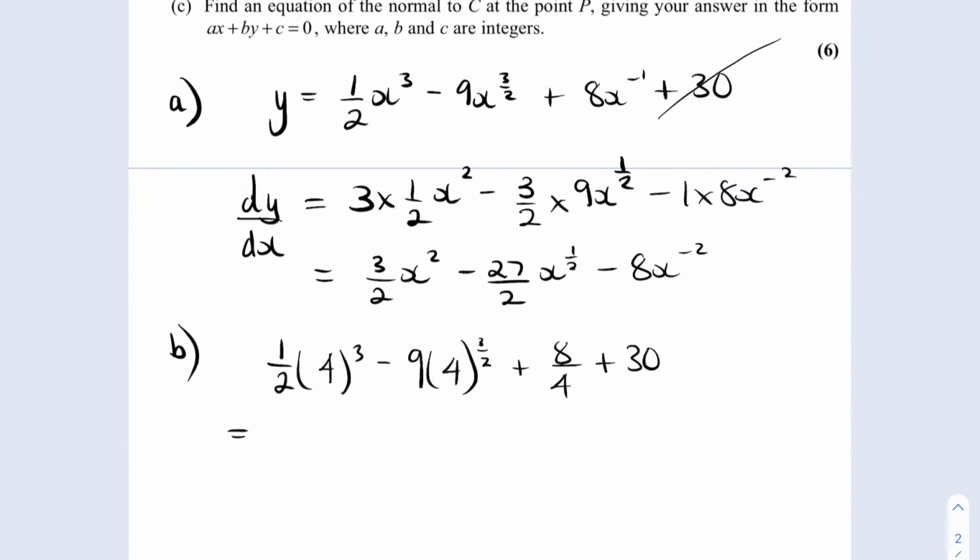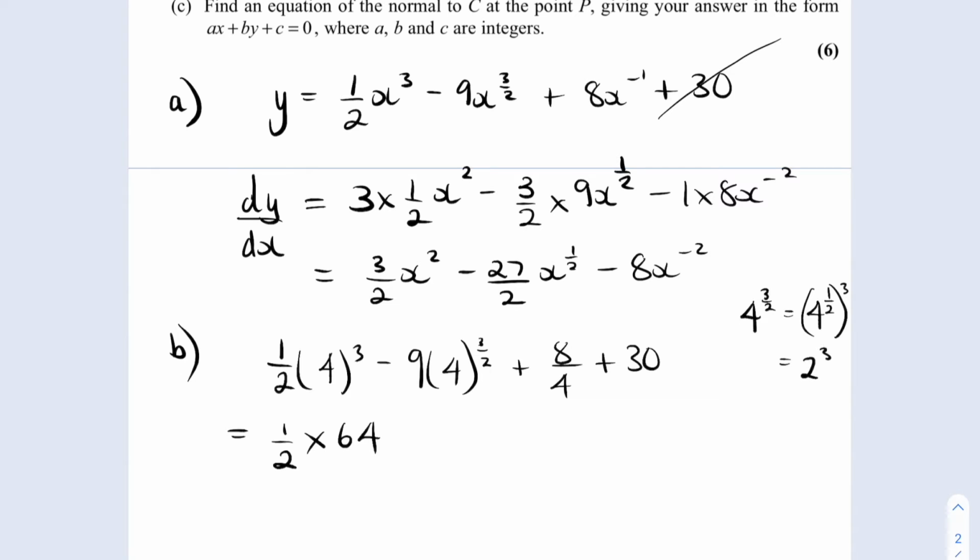Okay, so what is this? 4 cubed, we do the powers first. So a half times 64. Now this term here is slightly tricky. I have to use the indices rules to do this. So 4 to the power of 3 over 2 can be written as 4 to the half, then to the power of 3, because when I multiply powers, I can separate them in this way. So 4 to the half is the square root of 4.